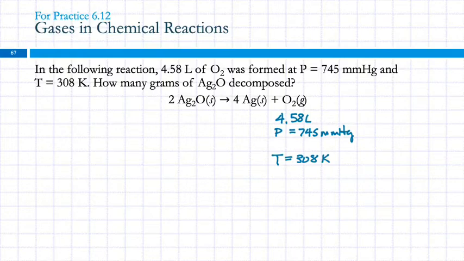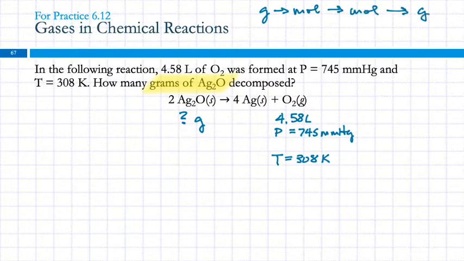And then I look at the question, how many grams of Ag2O? So I'm looking for the grams of this thing over here. So with my regular starting point of grams to moles to grams, I am finding grams at the end, but I'm not starting out with a mass of gas.